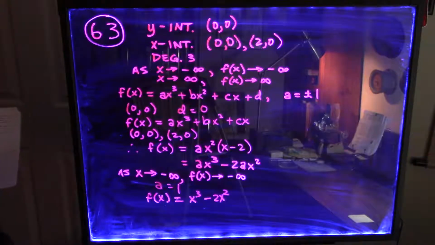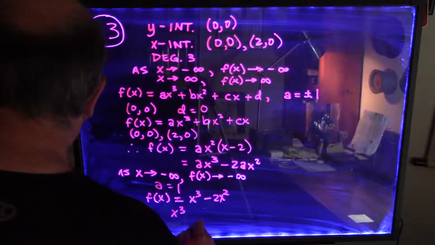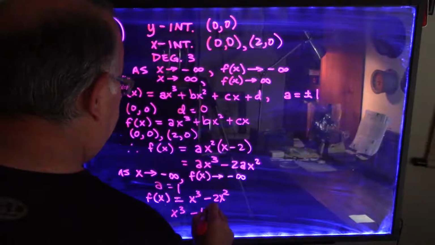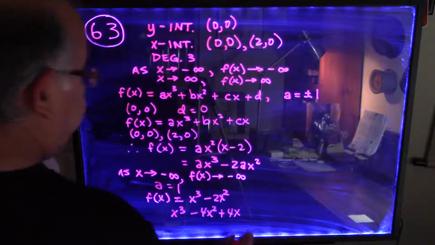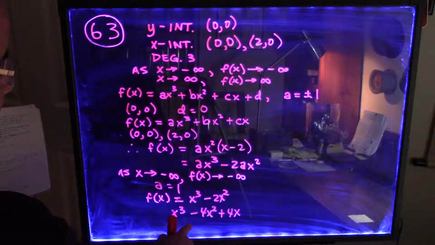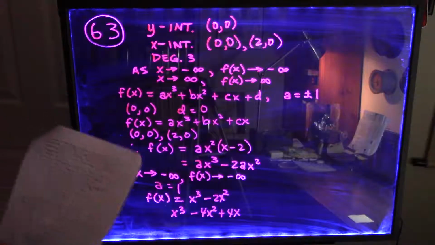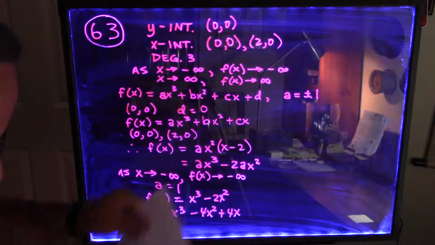And there you go. Now, the book's answer is a little bit different from mine. The book's answer is x cubed minus 4x squared plus 4x. This happens to work with these conditions. I'm saying that my answer is better because it's simpler. The simplest answer wins the competition, in my opinion. However, the book's answer does work, and I've graphed both answers.